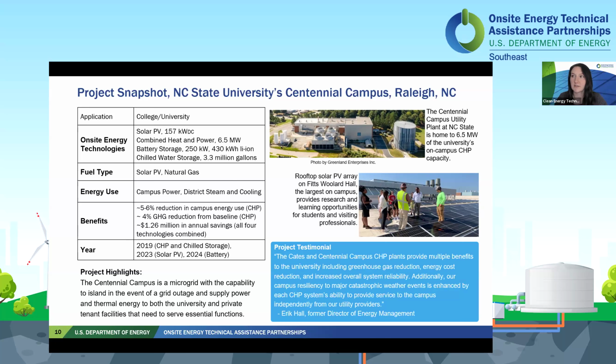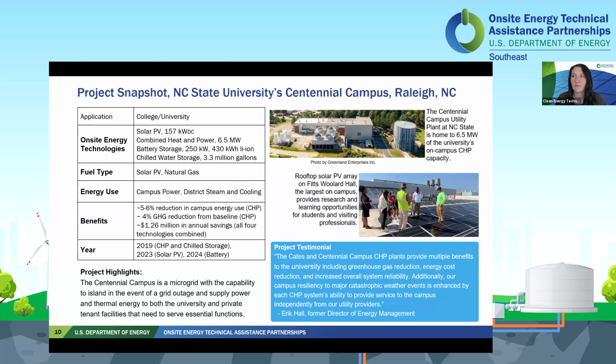For context, the Centennial Campus is a newer part of campus, and it houses research facilities, the College of Engineering, and more than 70 company partners. So it's really a space for innovation. And they've implemented a 157 kilowatt DC solar PV array on top of Fitzwillard Hall.